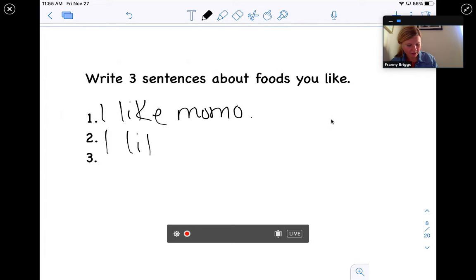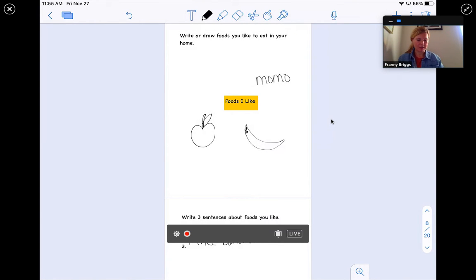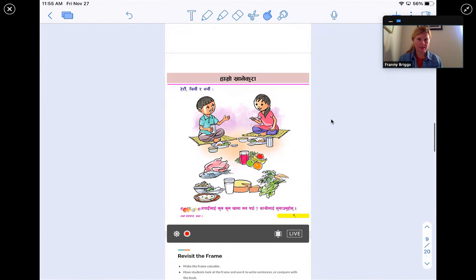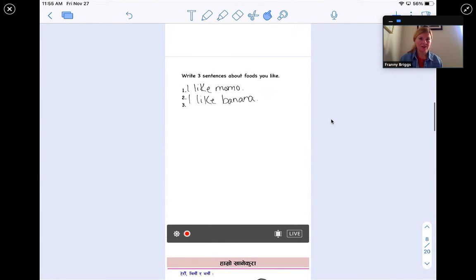I like banana, right? That would be a great DLM activity for a first grade student, because it's connected to the textbook. They've done some engagement with the textbook, some engagement independently with their own connections, and they've done an expressive writing assignment.